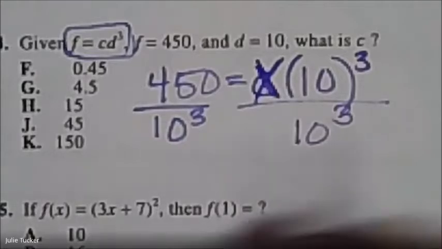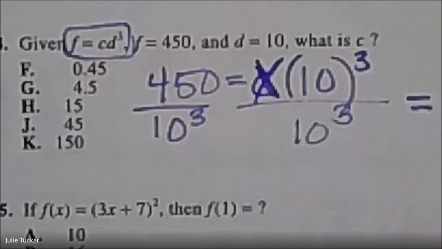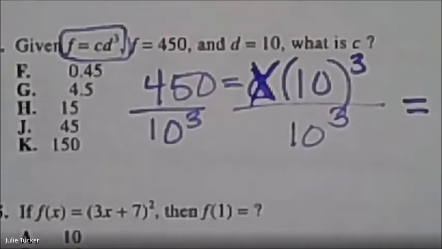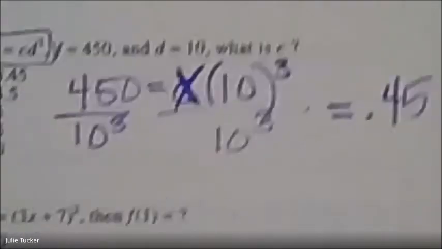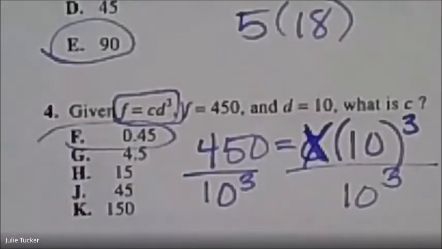And then I can do that on the calculator. The calculator is going to give us a decimal of 0.45 if we do the problem on the calculator. So that is that answer.